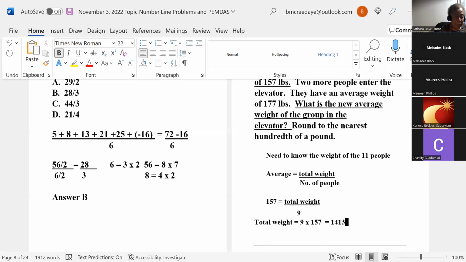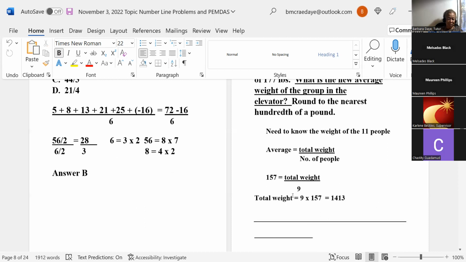Yeah. Okay, now do the same thing I did, and do it for these 2 people. So that's the total weight for the 9 people. Now do the same thing for 2 people. Let me just copy this.